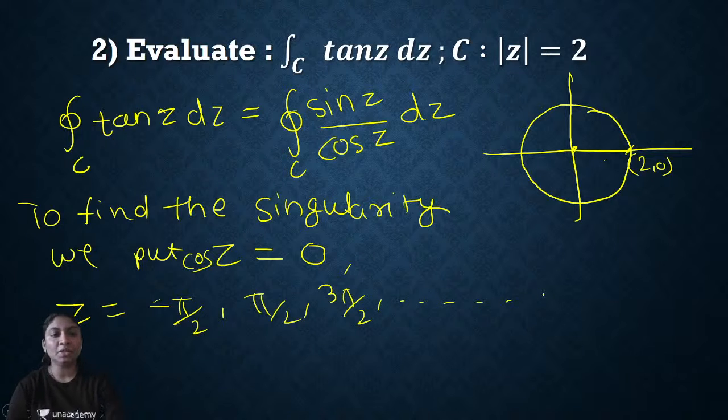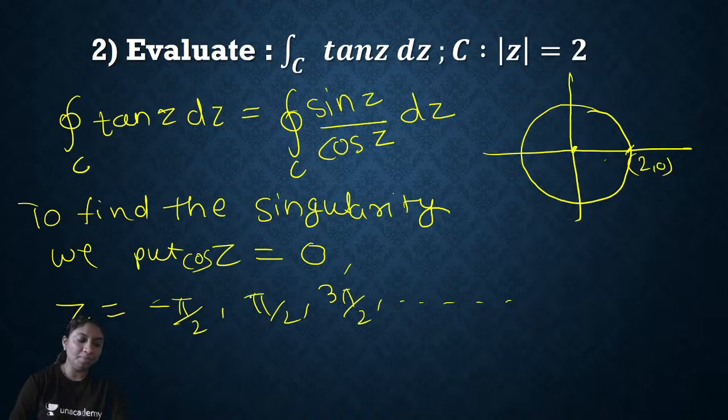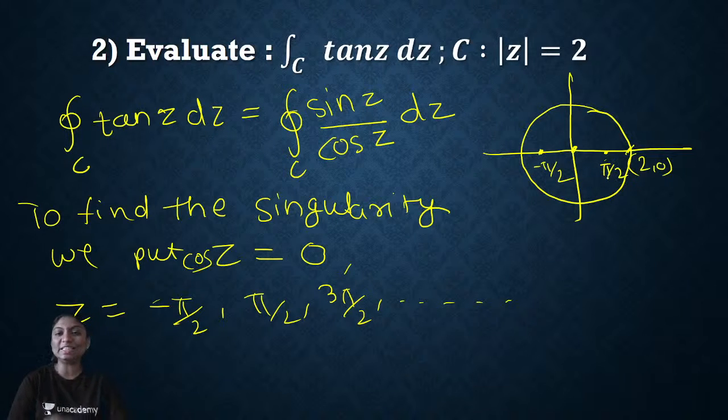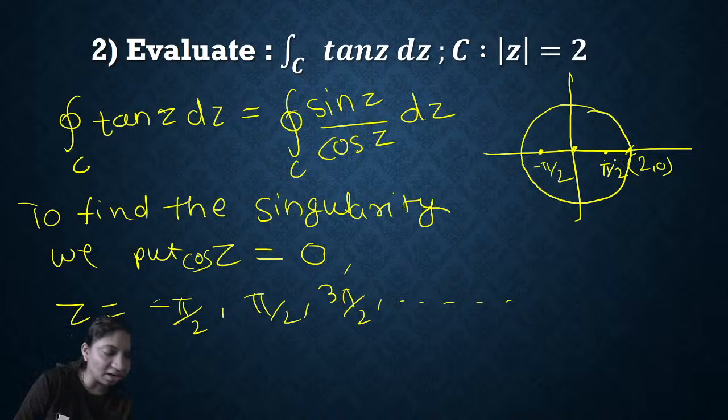Now this function is analytic within and on the curve C, |z| = 2, except at z is equal to minus pi by 2 and pi by 2, because these are the 2 points, minus pi by 2 and plus pi by 2, which lie inside the curve C, right?